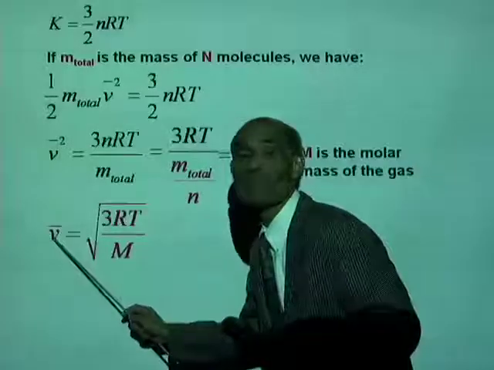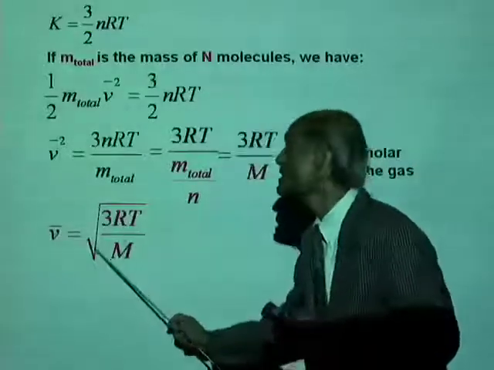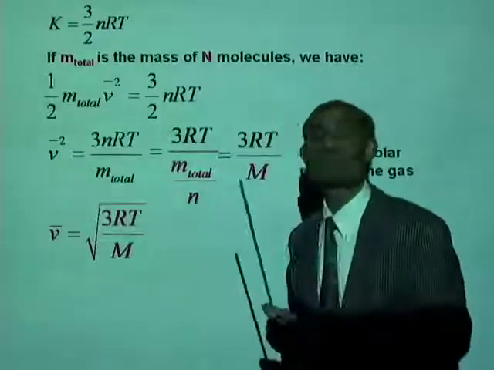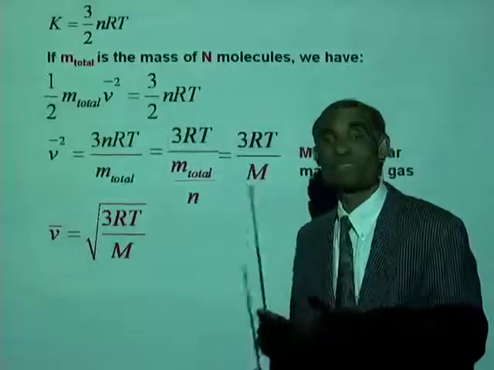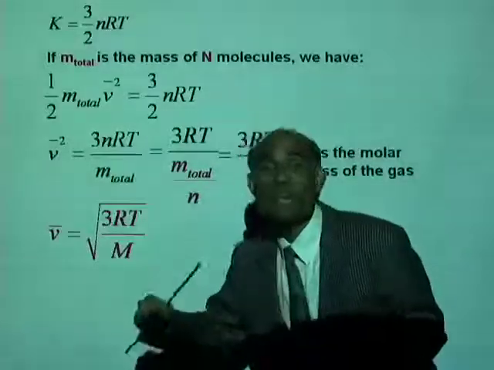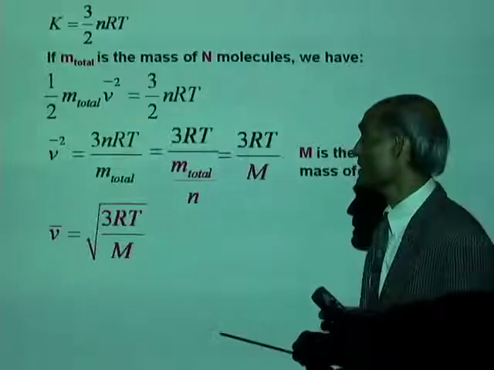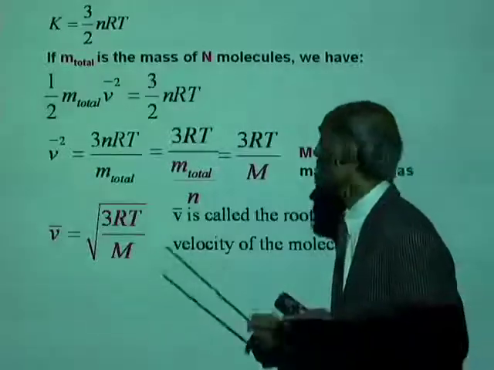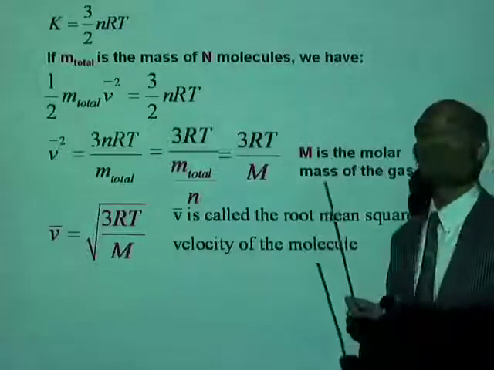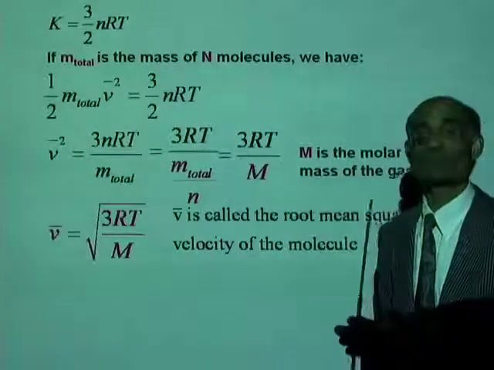What is v bar therefore? V bar therefore is square root of 3RT over M. Isn't that beautiful? We can calculate the mean velocity of a molecule. Now v bar is called the root mean square velocity of the molecule.